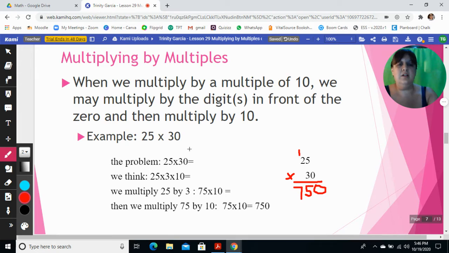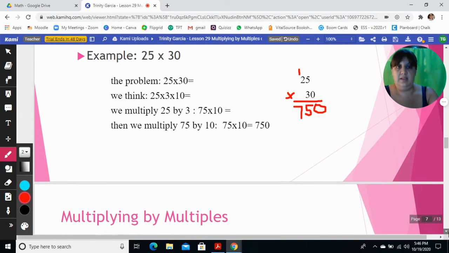Okay, so all of this over here on the left is telling you how to do this over here on the right. But this is a much shorter process. Basically you end up just multiplying 3 times 25 and then you add the 0 at the end. But that is what it looks like.